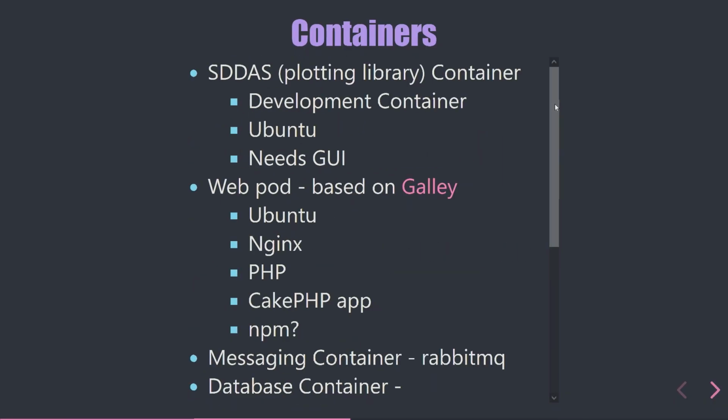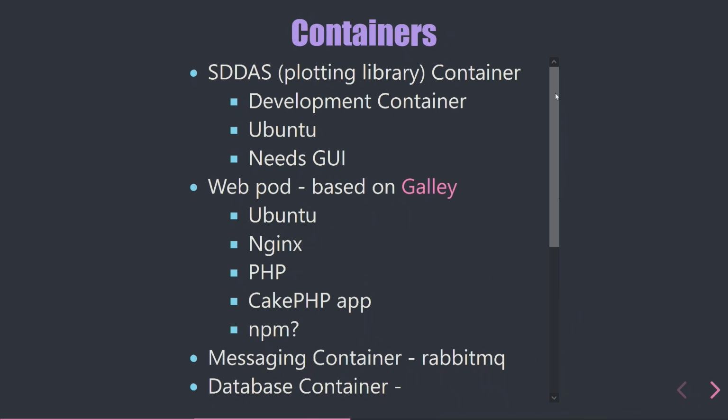So now that we had decided that we were going to containerize certain things, but not everything, we thought about what we wanted to containerize. Our plotting library is called SDDAS, which is like data acquisition, and we needed that in a container. And we went ahead and just used Ubuntu because it's got everything ready to go.